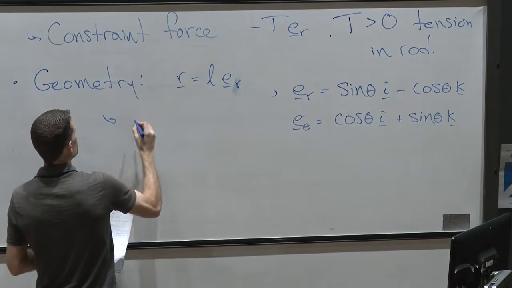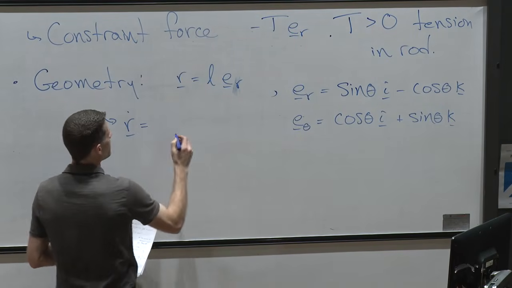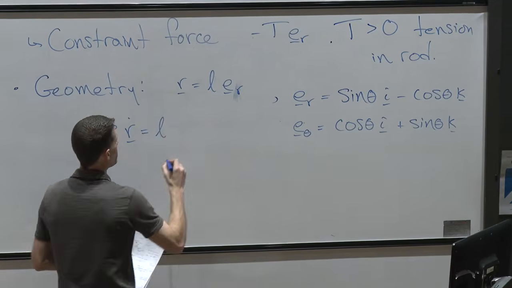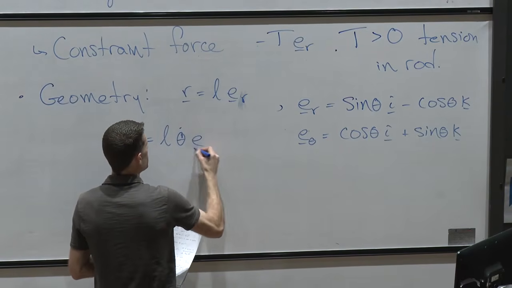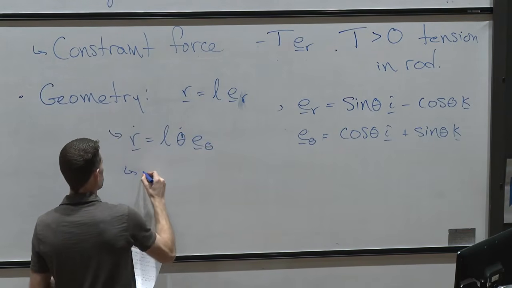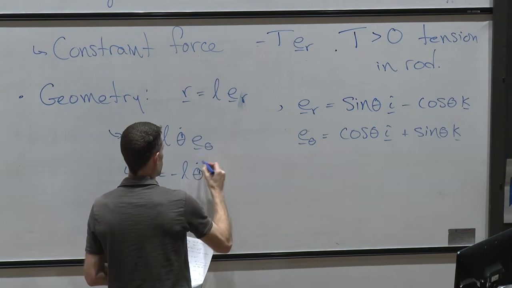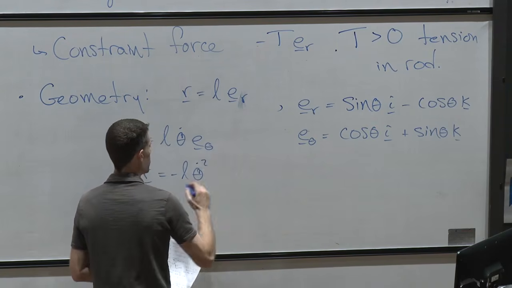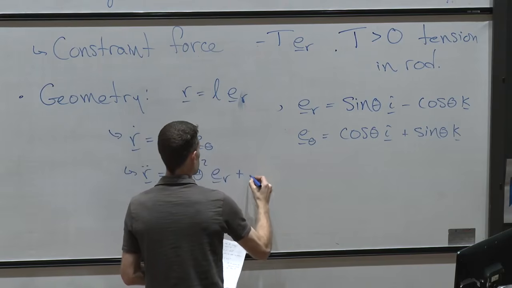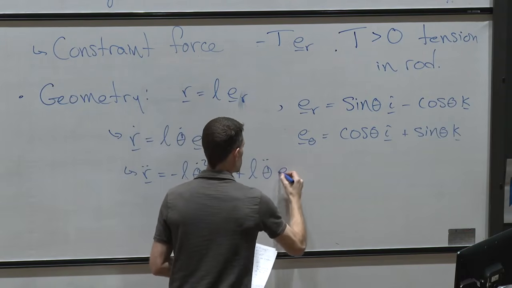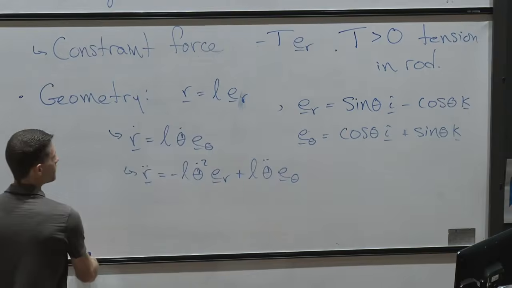I can take r dot is L theta dot E theta, r double dot is minus L theta dot squared ER plus L theta double dot E theta.